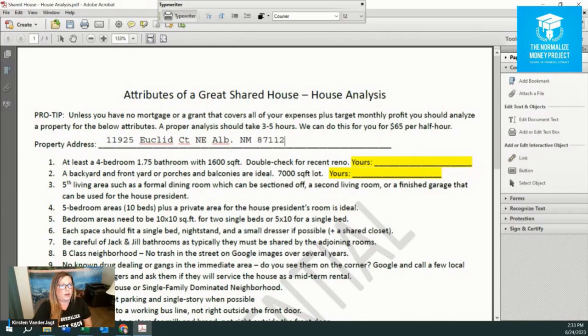What I normally do is log in to my system and pull the title profile. I'm looking for things like the property taxes. I want to verify the number of bedrooms and bathrooms. I also want to look at the square footage of the property, the square footage of the lot, and things of that nature.